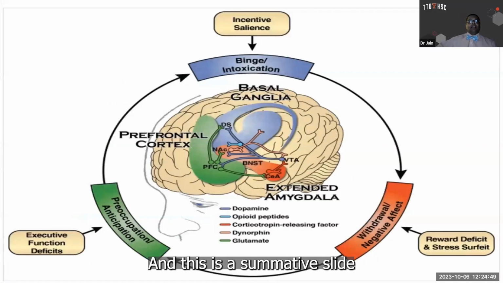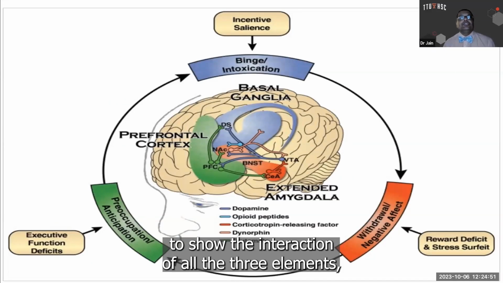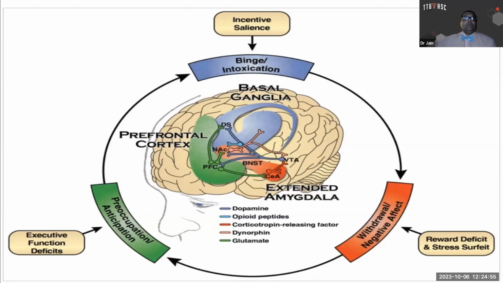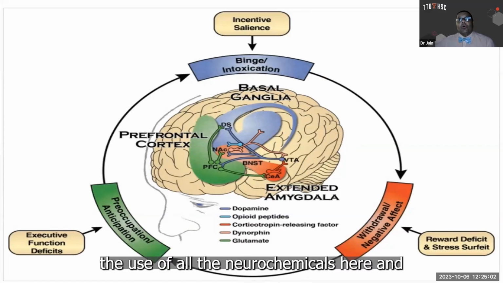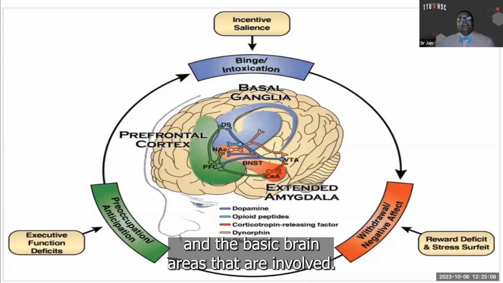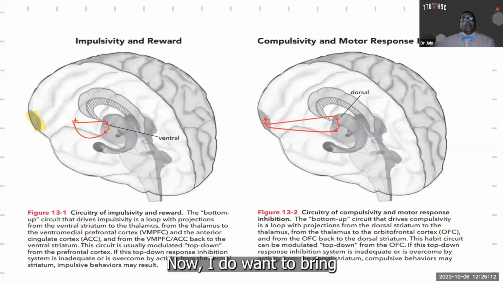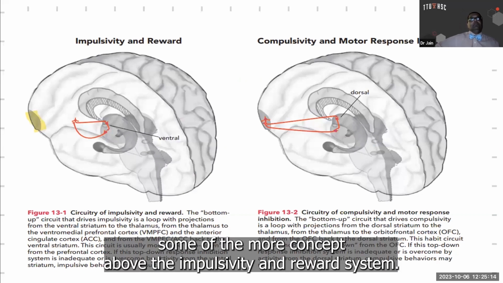And this is a summative slide to show the interaction of all three elements, the prefrontal cortex, the basal ganglia, and the extended amygdala, the use of all the neurochemicals here, and the basic brain areas that are involved. Now, I do want to bring in some more concepts about impulsivity and the reward system.